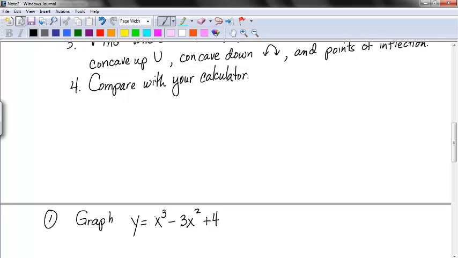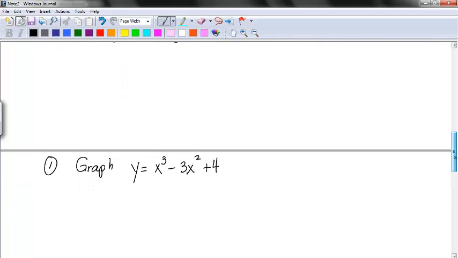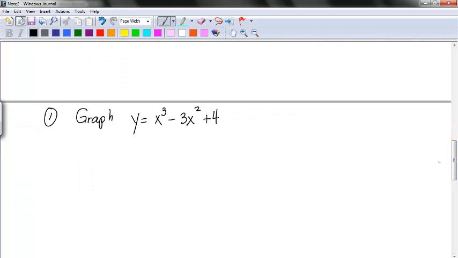Just like you should already know what a parabola looks like in x if the highest degree was an x squared. Okay, but first thing, they want you to find the first derivative. So y prime, shortcut, use the power rule. What's the first derivative? 3x squared. Yep, minus 6x, right? Okay, now set that equal to 0.